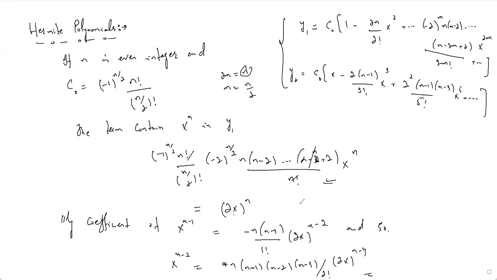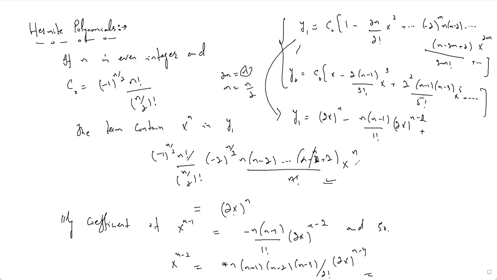Similarly, so what could this solution be? This solution y1 will now become, okay, I will just write down the last term. When you multiply it with c0, this becomes 2x. So I will write this as 2x raised to power n, minus the second term, n into n minus 1 divided by 1 factorial, then 2x raised to power n minus 2.